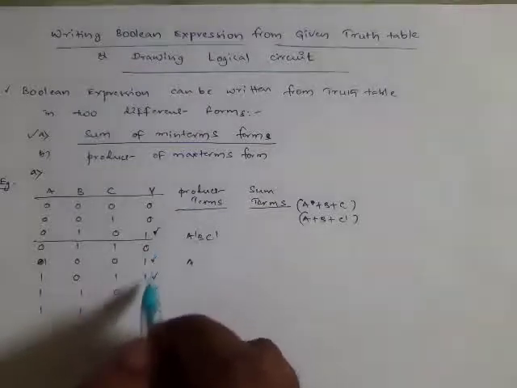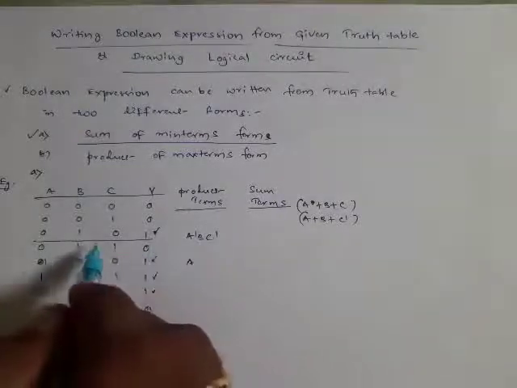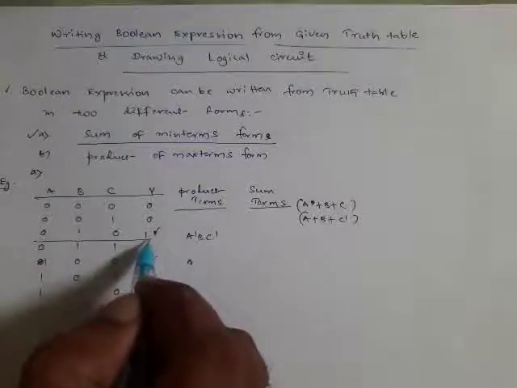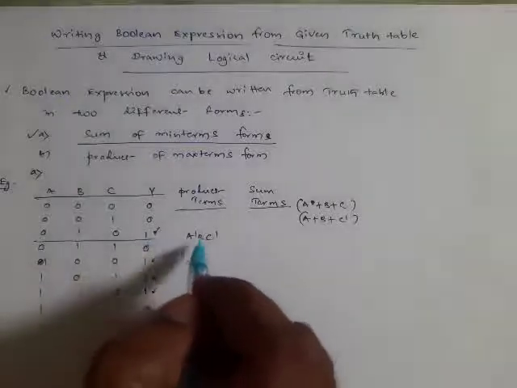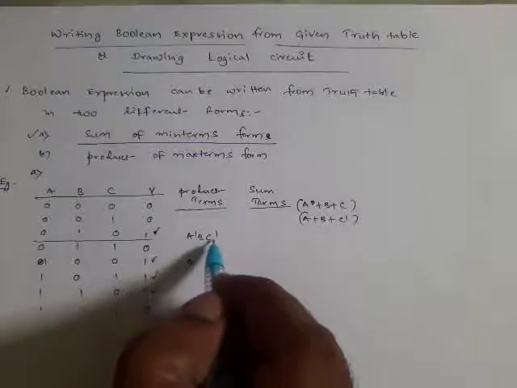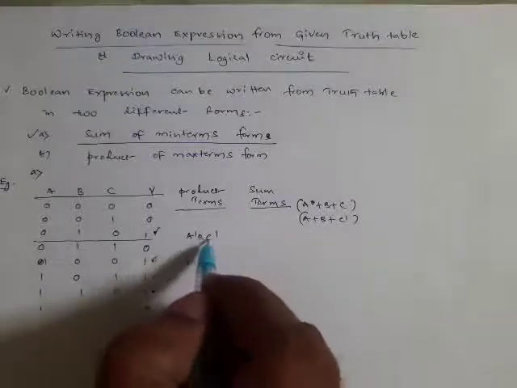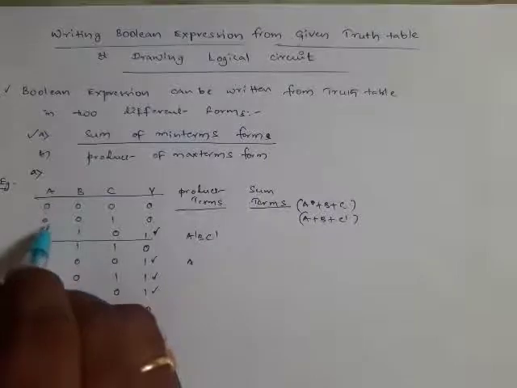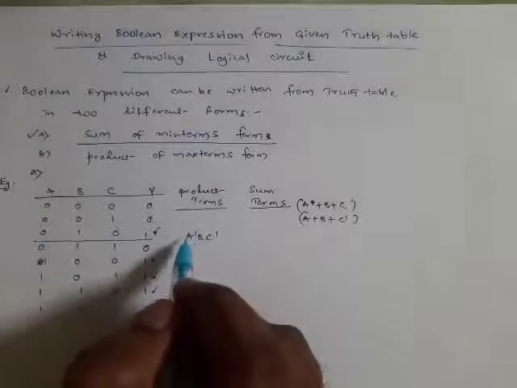Next, for each combination of the input for which the function is equal to 1, you write a corresponding product term, or corresponding minterm. And how do you write a minterm or product term? If the value of the variable is equal to 0, then the variable must be taken as a bar.